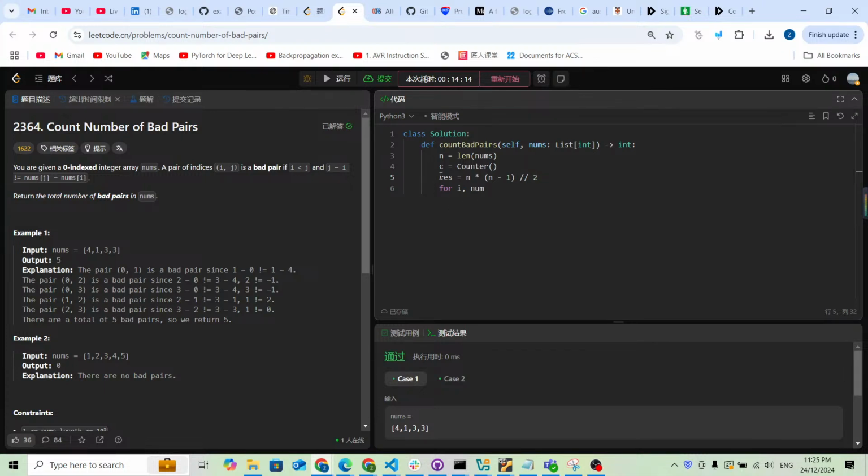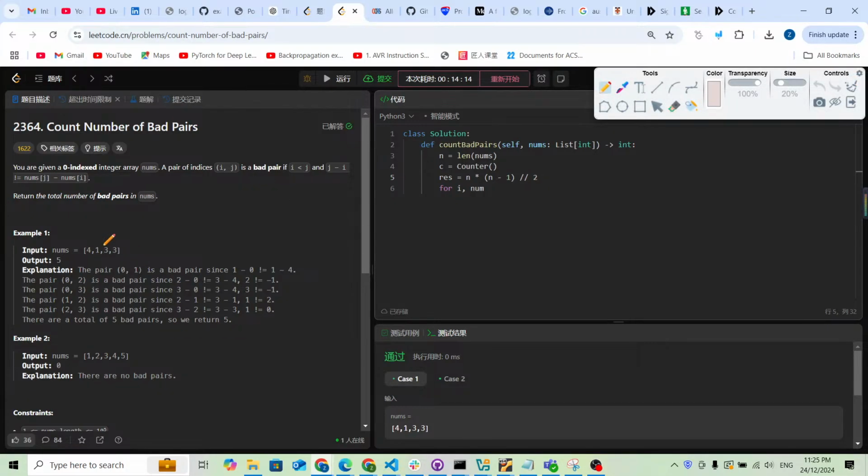You should know this formula. This means the total number of pairs. For example, for this array, the total number of pairs is definitely going to be 6, n times (n minus 1) divided by 2.